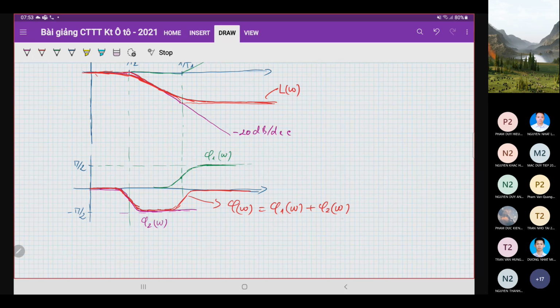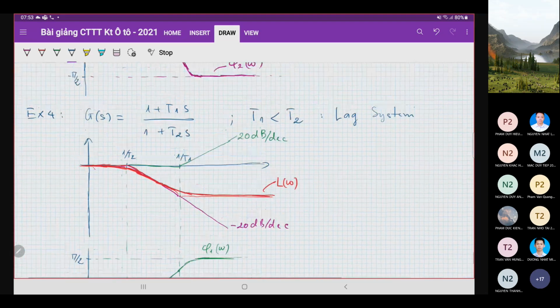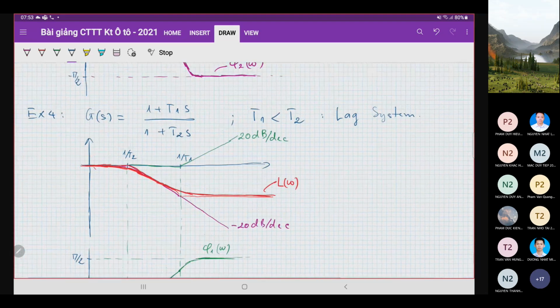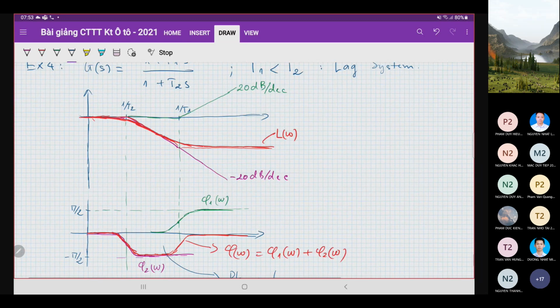Because of this part, we call it phase lag. That's why this system is called the lag system.